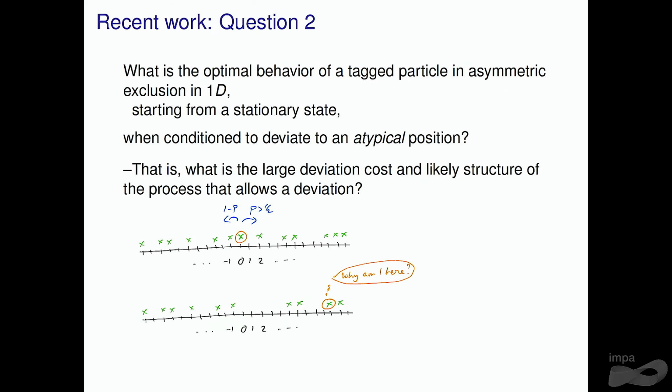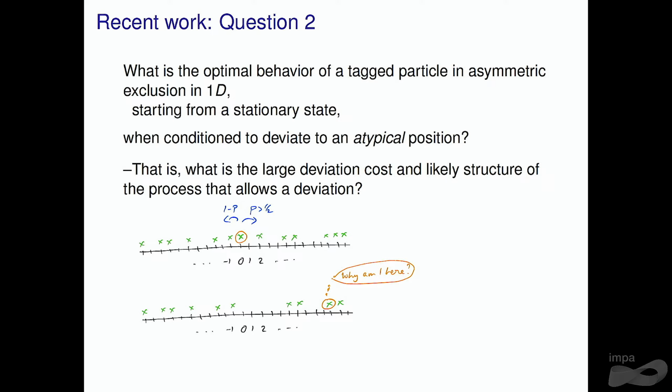Okay, and then the second problem I'd like to talk about is some large deviations work. This is a problem now in the asymmetric system. So there's a bias to jump to the right. We already know the law of large numbers for where this should be, that we already mentioned before.